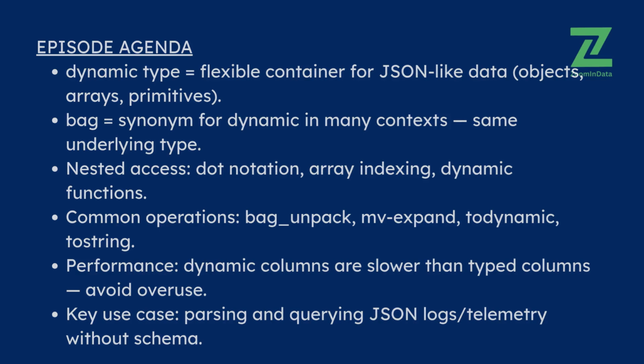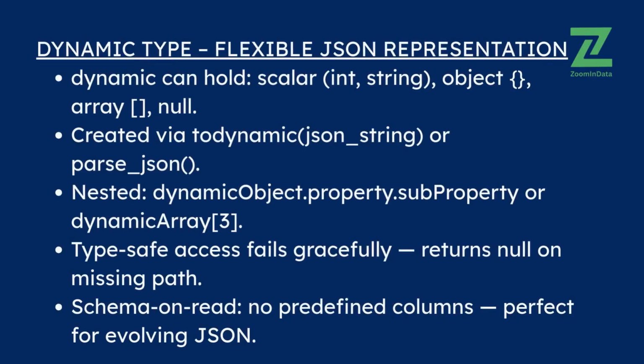Let's go under the hood. The dynamic type is KQL's way of representing JSON natively. It can hold scalars, int, string, bool, objects, arrays, or null, full JSON fidelity.